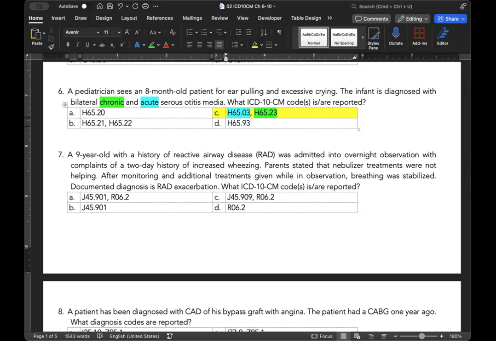If you don't know, you would go to disease, airway reactive, or disease reactive airway, and then you would be directed to see asthma. So let's go to asthma. And then it is an exacerbation. So what code are we going to use?